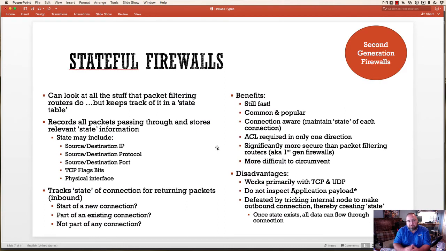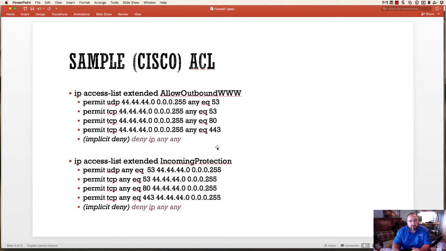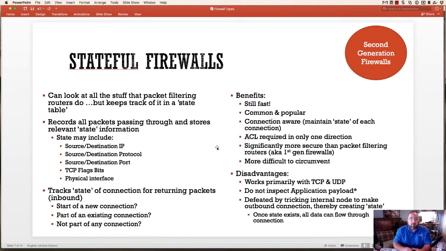Now, one of the other benefits mentioned right here is that you really only need an access control list in one direction. If you look back to when we were talking about first generation packet filtering firewalls, we saw that in order to get things even marginally close to being secure, we needed to create rules that control the traffic that's allowed out, and then we also manually created rules that control the traffic to come back in. Now, with stateful firewalls, you don't have to do that.